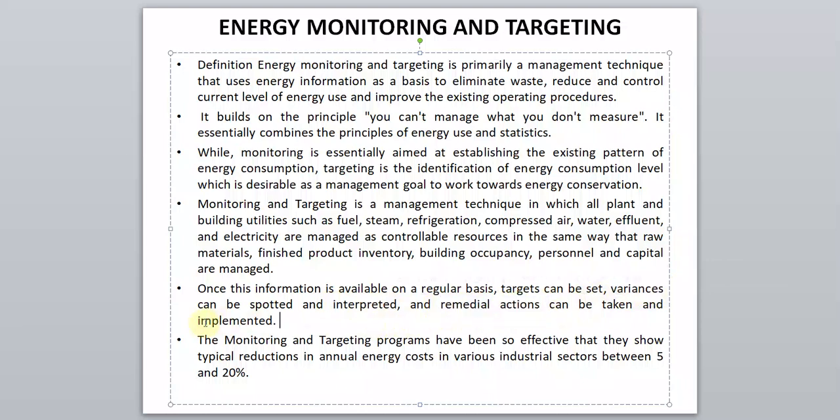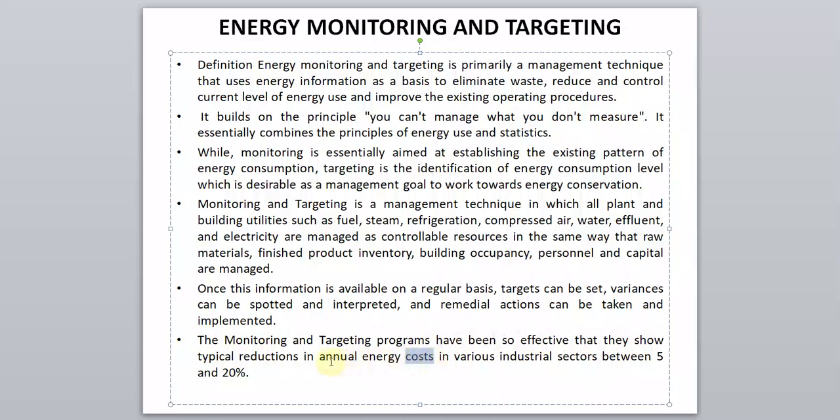And implement it. And the last thing: what is the use of energy monitoring and targeting? In case of industry, is it really applicable or advantageous? Yes. Here they have written that monitoring and targeting programs have been so effective that they show typical reductions in annual energy cost.